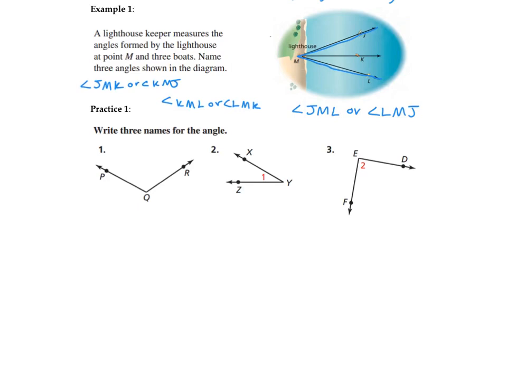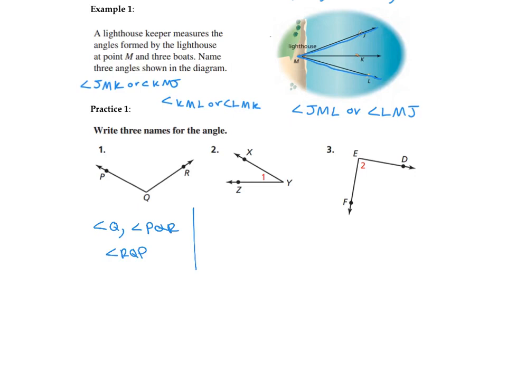All right, for number 1, it says write three names for the angle. So for this first one, that could either be called angle Q, or angle PQR, or angle RQP. Either of those would work. For number 2, there's actually 4 different ways you could write this, and I'm going to show you all 4, even though it only says to list 3.